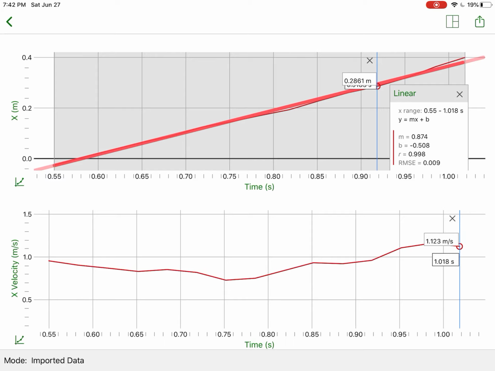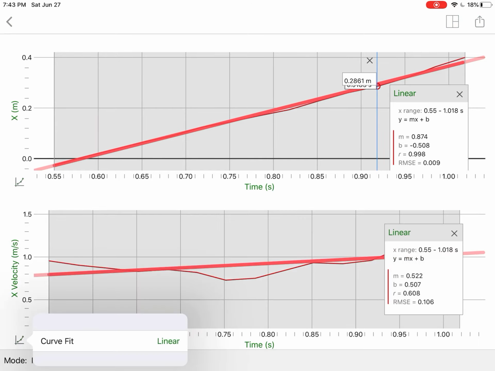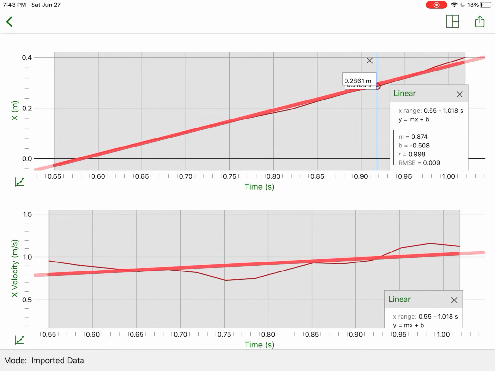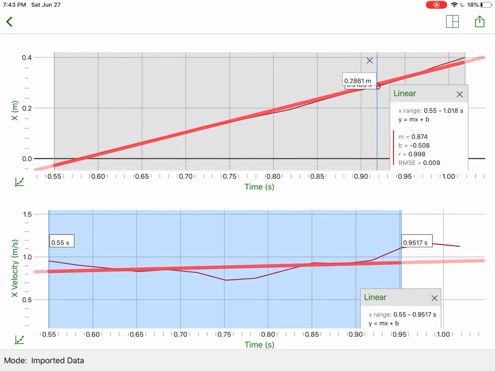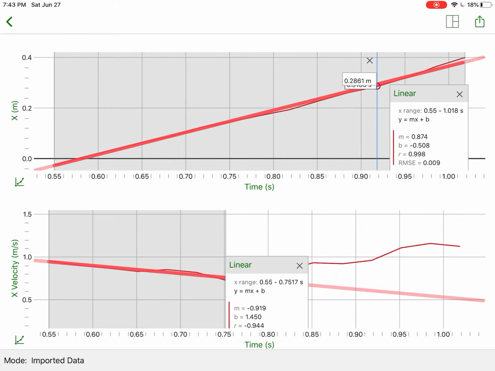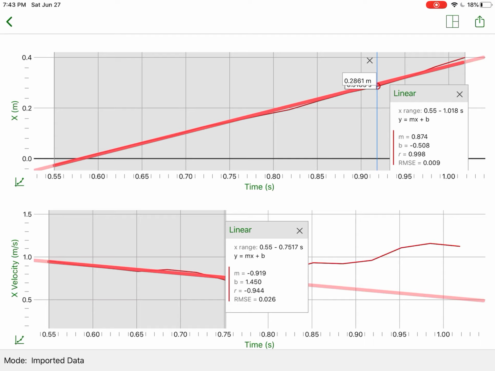But in this case, it is not, due to air resistance I experienced while in the air, and air resistance slows things down. So if I get the slope of this graph in the most linear place I can find, which is around here, you can see that my acceleration ends up being negative.